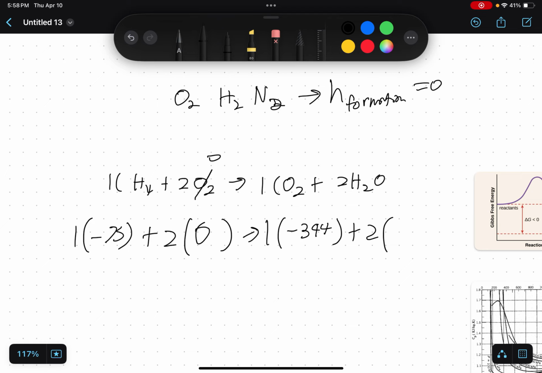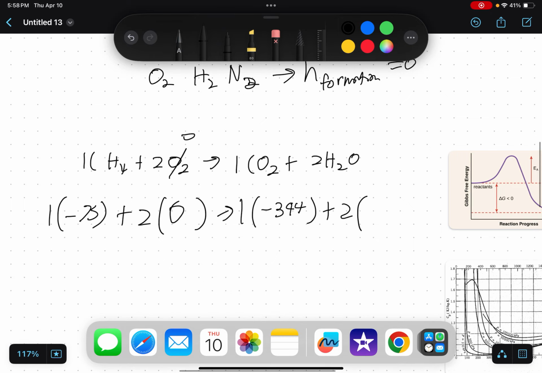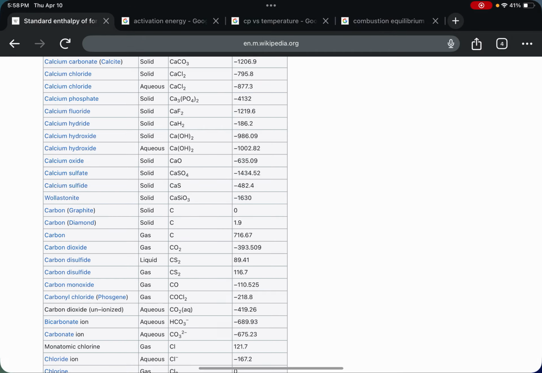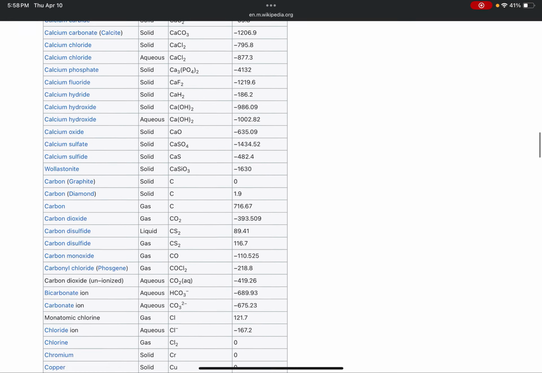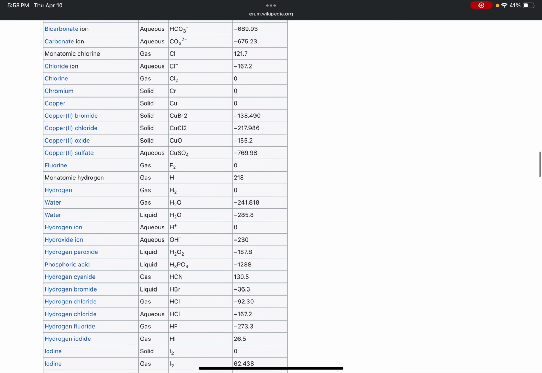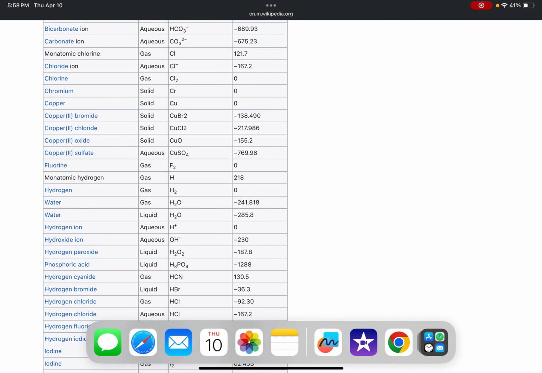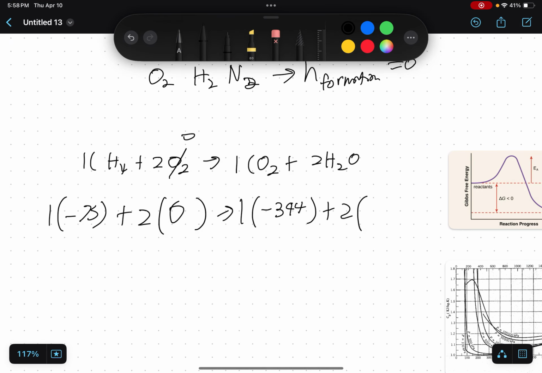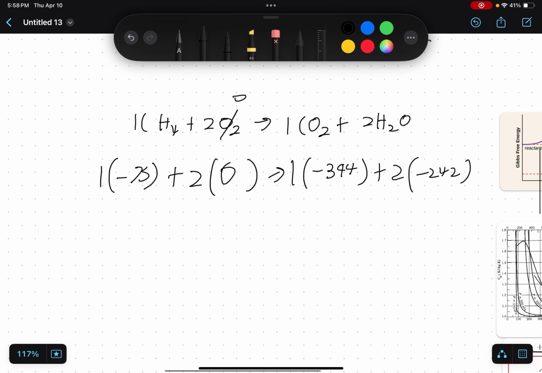Plus 2 times H2O. Where is water? Water is here. We'll go with a gas again, so negative 242. So if we do the math, we get negative 75 goes to, I think it's negative 877.